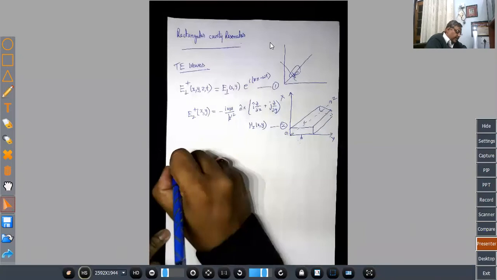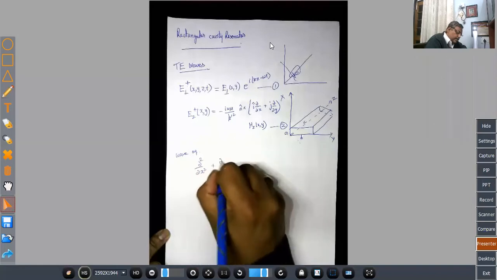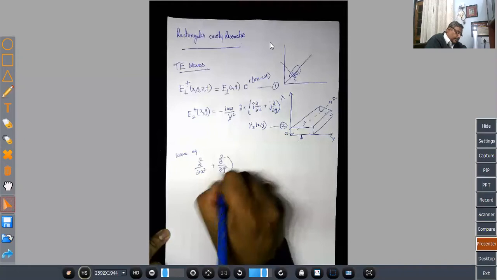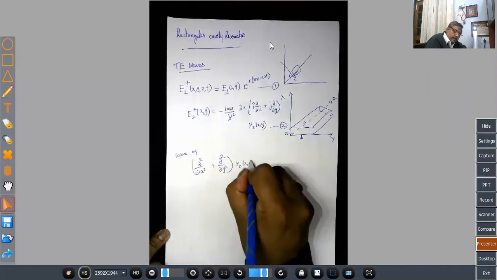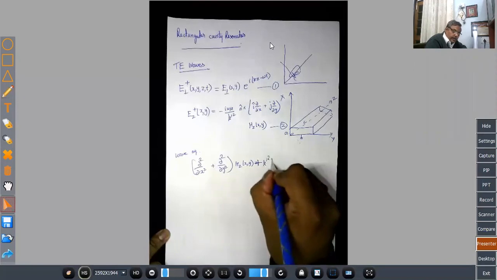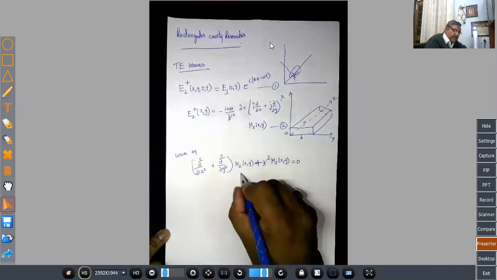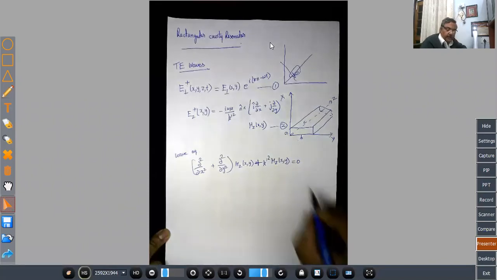Now the wave equation for the axial magnetic field.